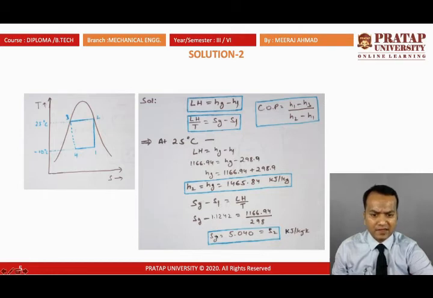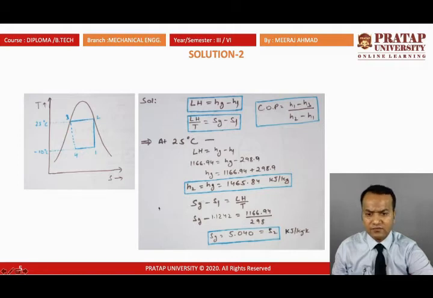Find the Sg value. Sg is equal to 5.040, which is S2, the entropy at saturated vapor. So you get the value of H2 from the latent heat formula, and you get the value of Sg, which is equal to S2, from the latent heat formula.